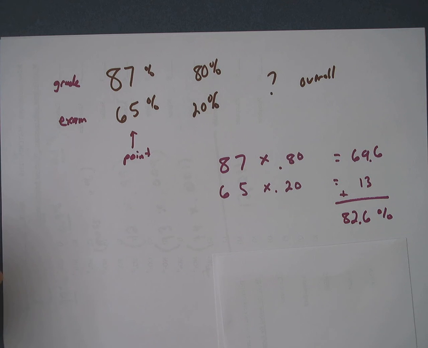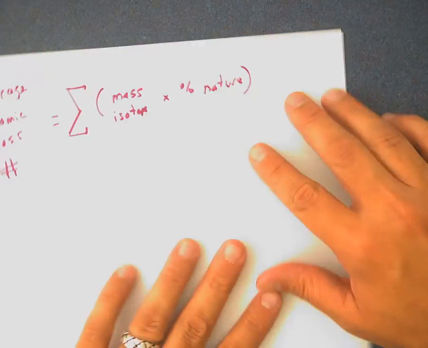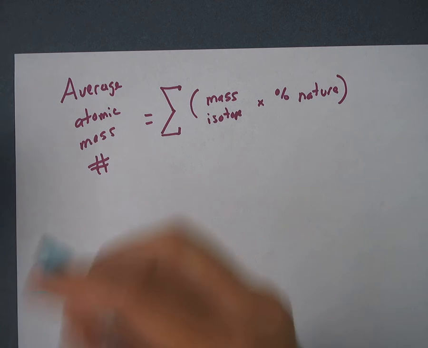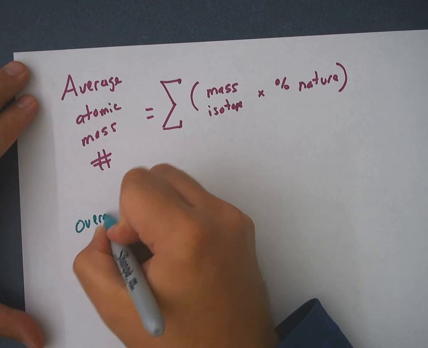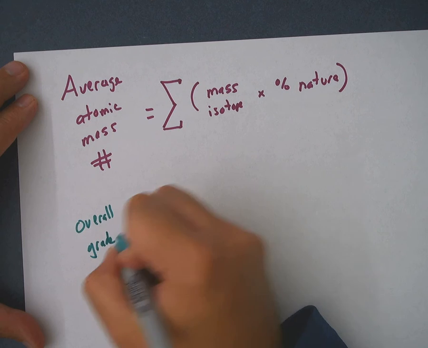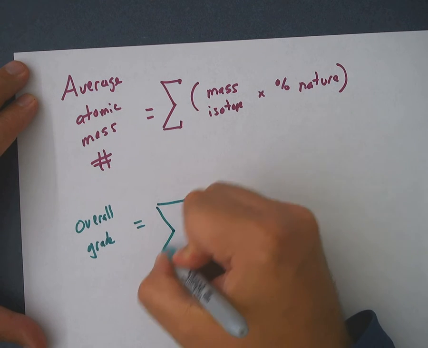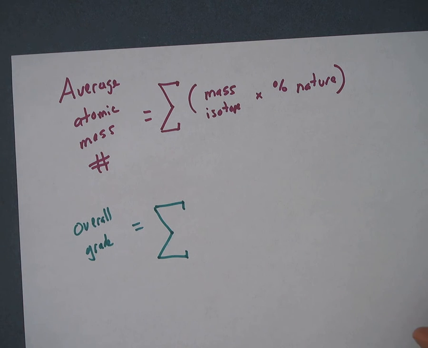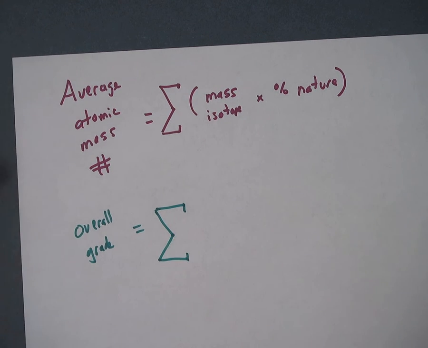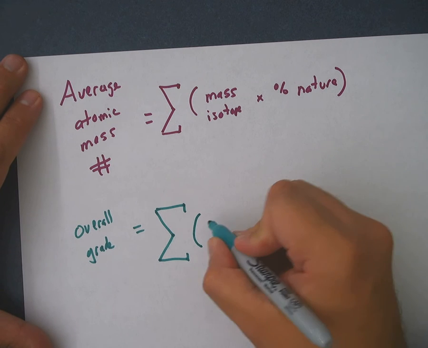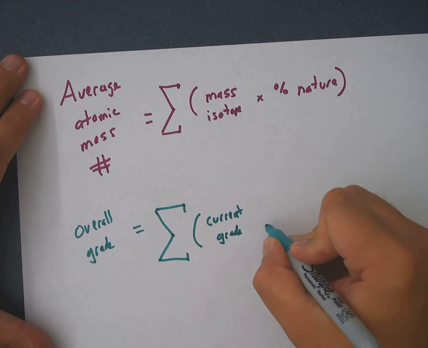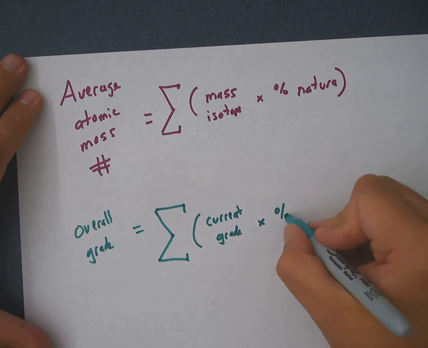And so one way to show the weighted average formula is to look like this. If you were to do grades, if you want to do overall grade, what you would do is you would take the total sum, and the fancy letter in accounting or computers for total sum is to use this Greek letter called sigma, and you would take your current grade times the percent that grade is worth.